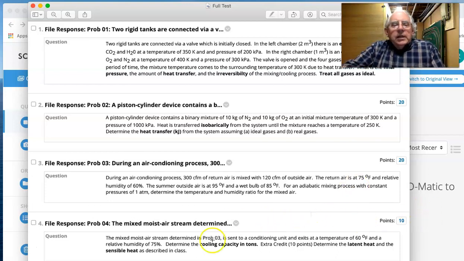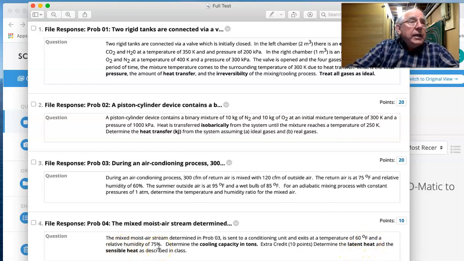The next problem, which will follow on, is then taking that stream and causing it to go through a conditioning unit such that the temperature at the exit of this conditioning stream is at 60 degrees Fahrenheit and at a relative humidity of 75%.